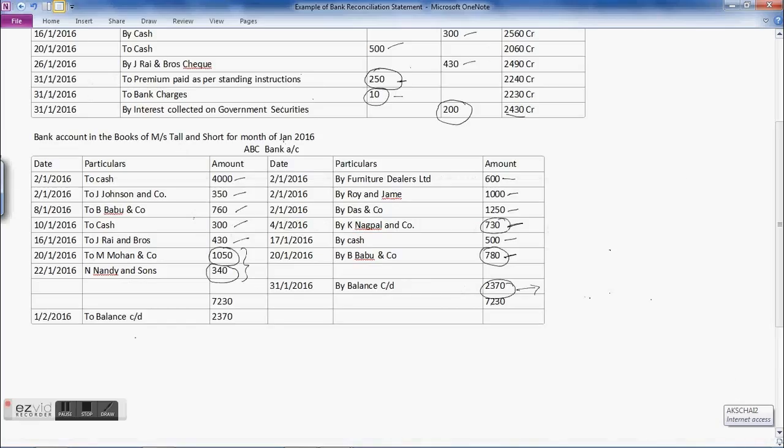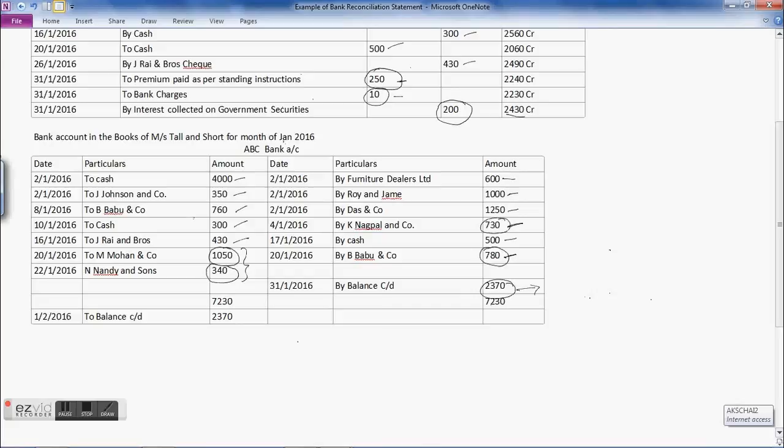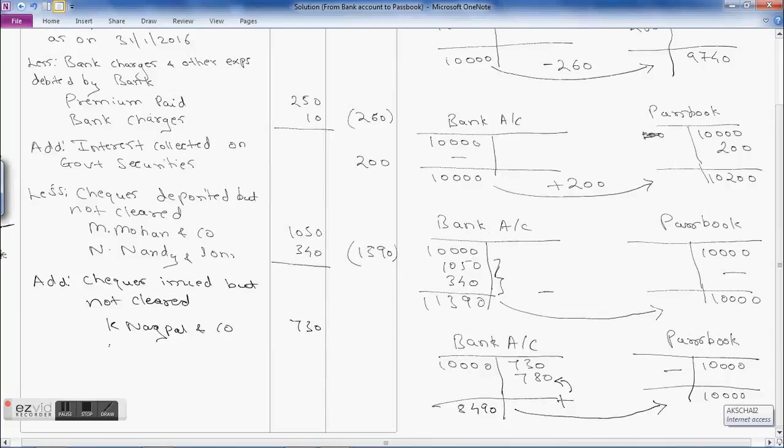Okay, so what is it? K. Nagpal and Company 730. And B. Babu and Company 780. How much does this come to? 1510. Now that's it.